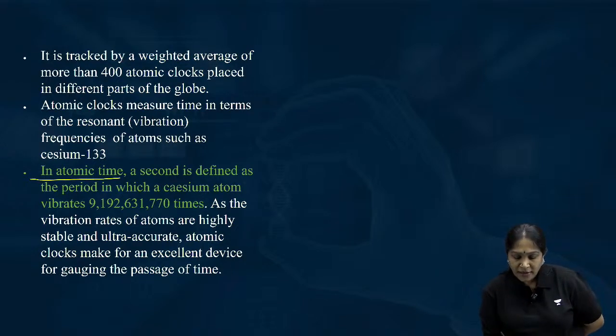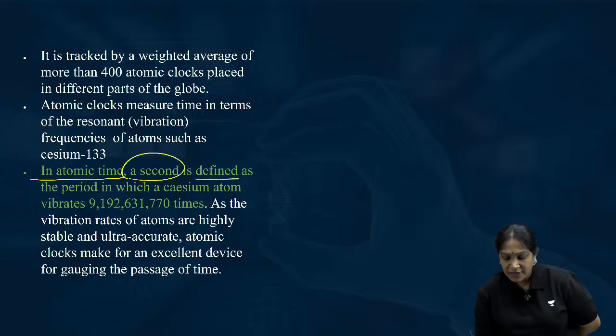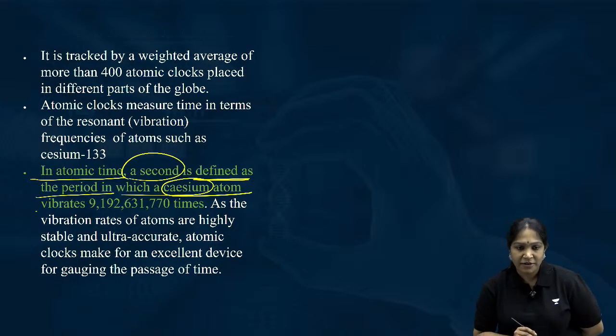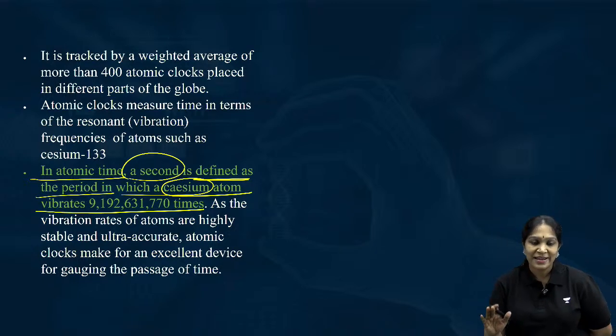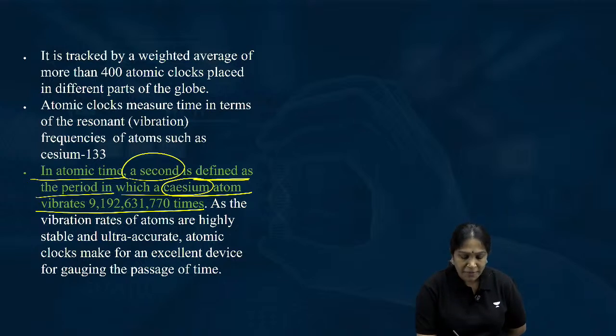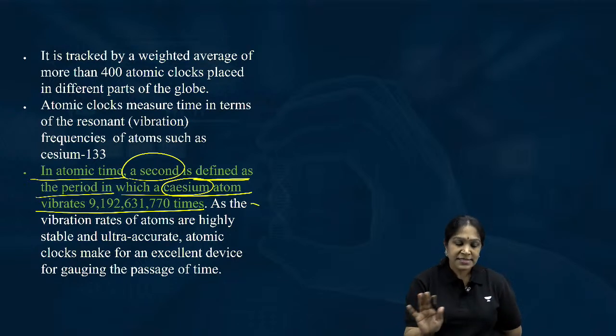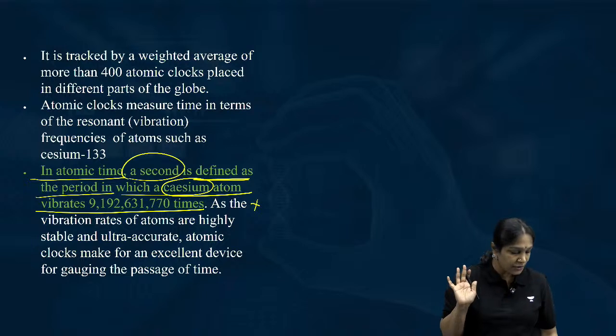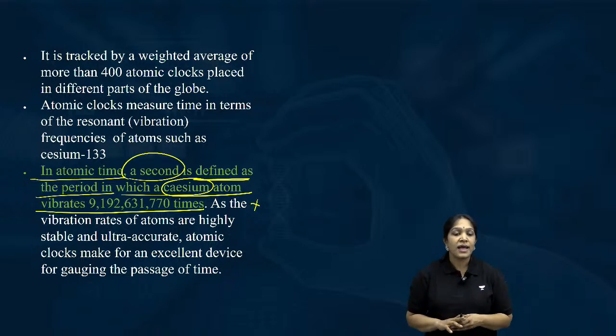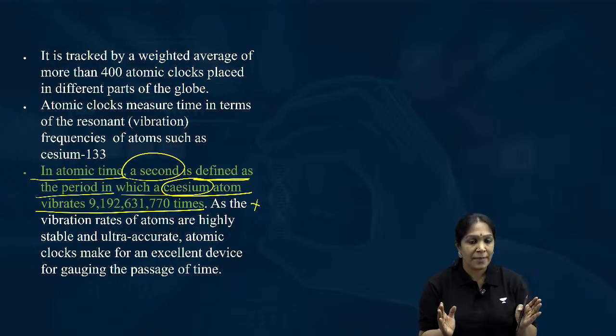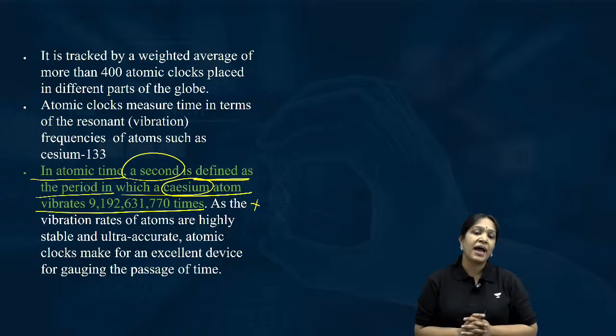In the atomic clock, in the atomic time, 1 second is equal to the period in which a cesium atom vibrates a certain number of times. I don't even know what this number is, and you don't have to remember this number, don't worry. Cesium atom you remember. The atomic clocks most commonly use the cesium atom.